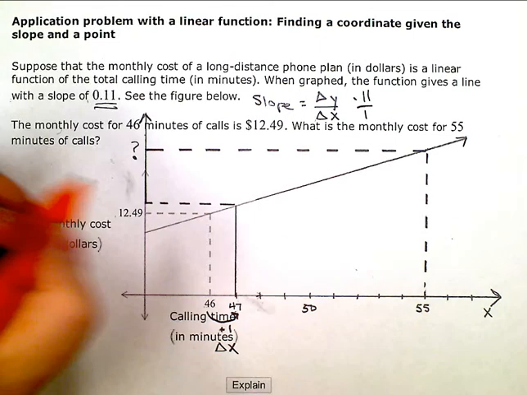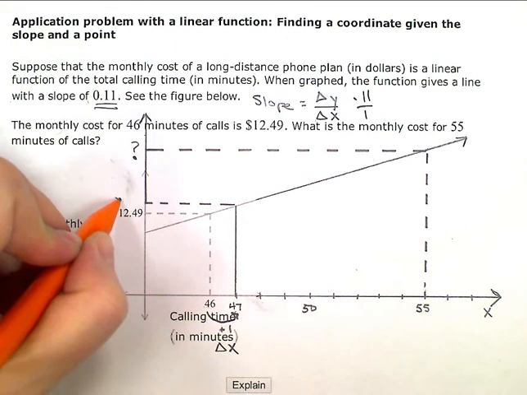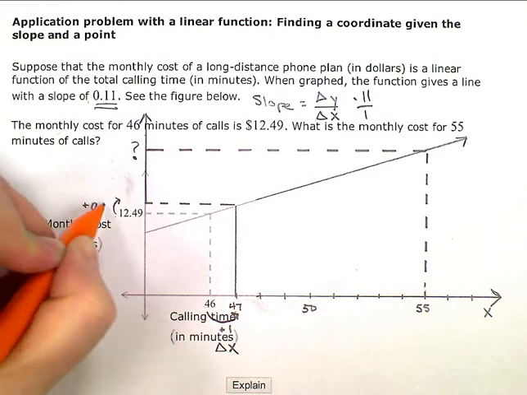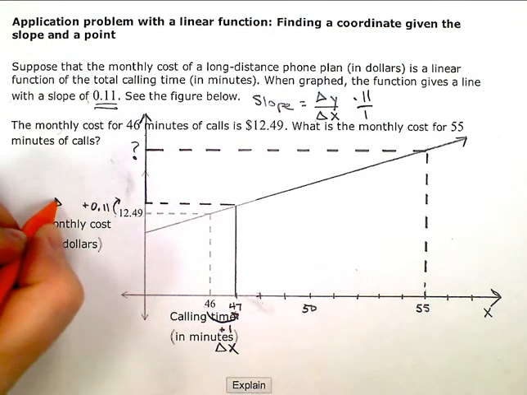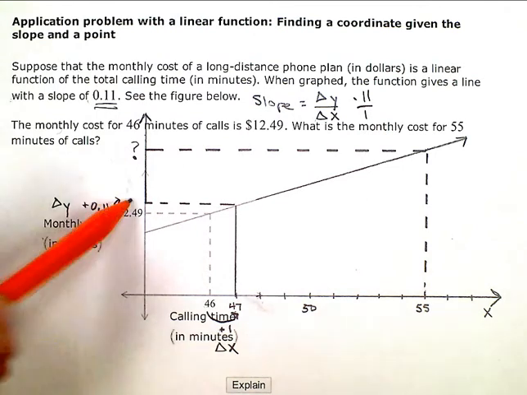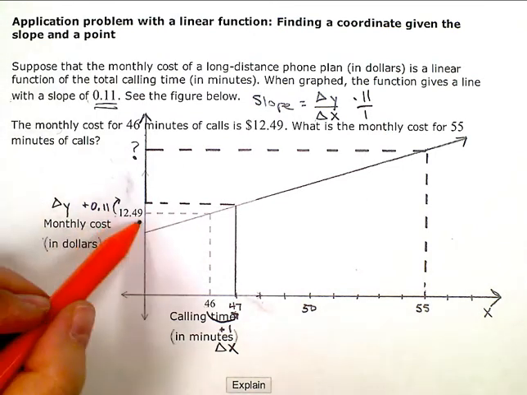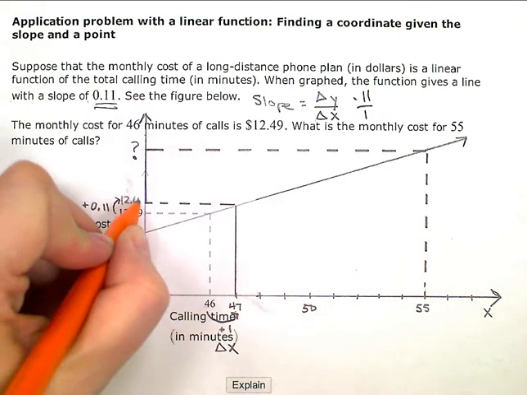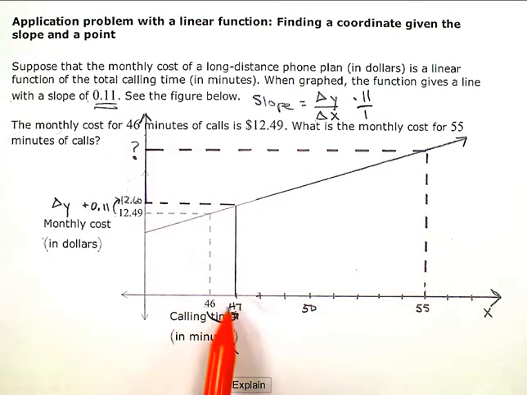Then my y is going to go up 11 cents. Or this is my change in y, okay? So my new cost here would be $12.49 plus 11, so this would be $12.60.